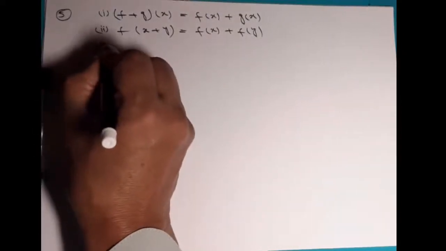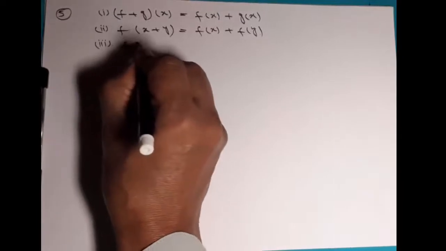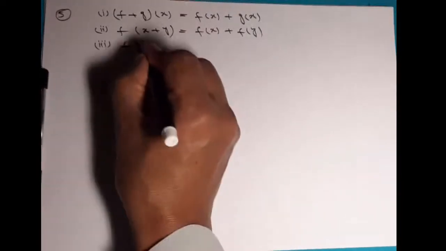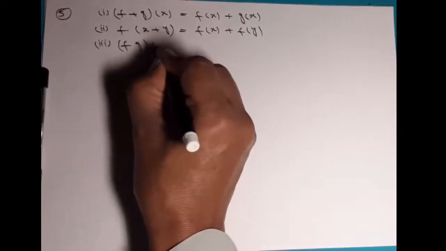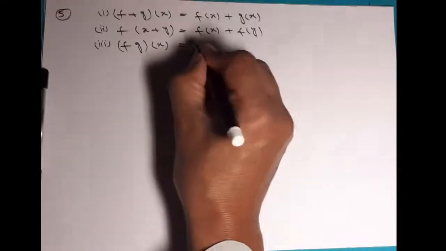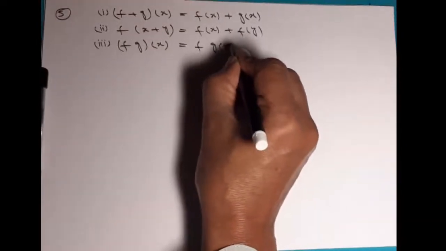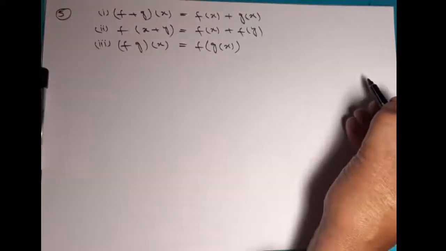And thirdly, we compose f and g with each other and then apply it on x. By definition of composition of functions, this is the same thing as f(gx). So the third condition is satisfied as well.